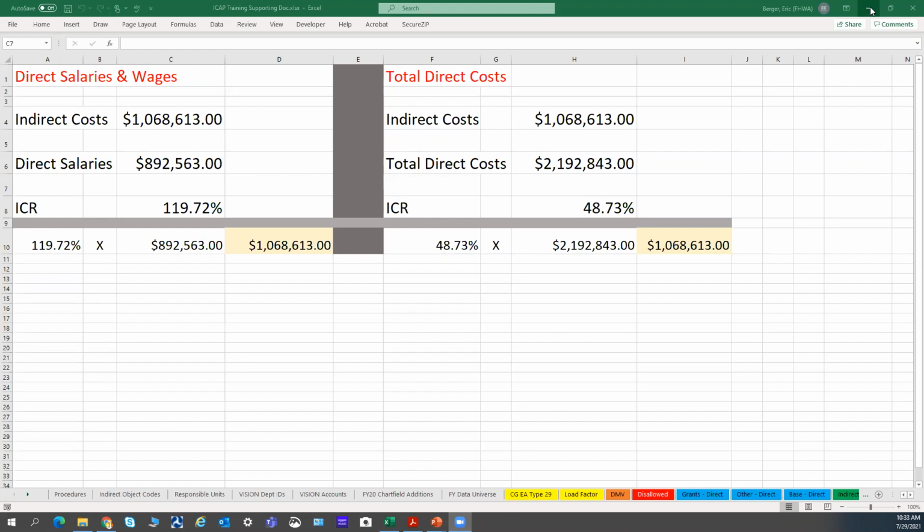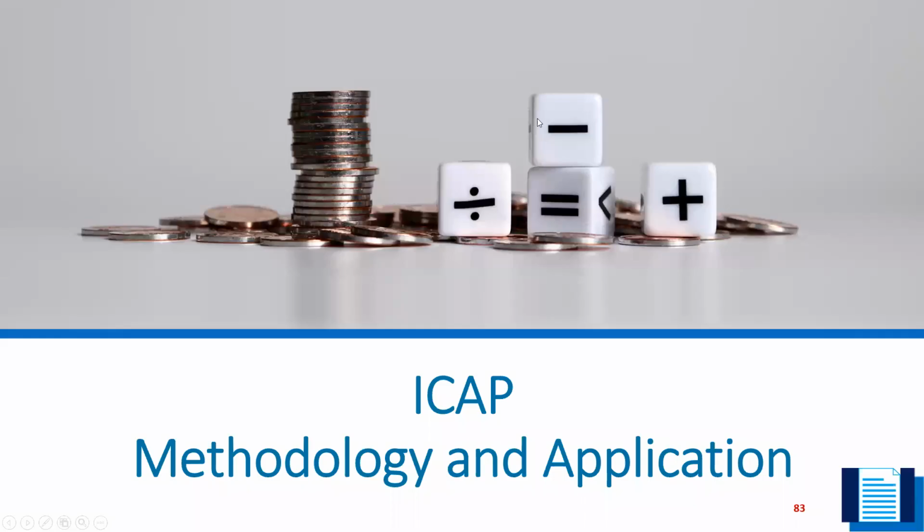And Eric, while you're pulling up or sharing your screen, I just want to say one more thing, and this goes to what I was talking about in fringe and equipment. If you were to look at a 48% rate on direct salaries and wages, but that entity also had a fringe rate of, let's say, another 20%, and then they had equipment rates.